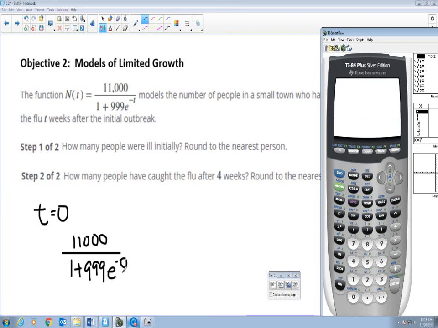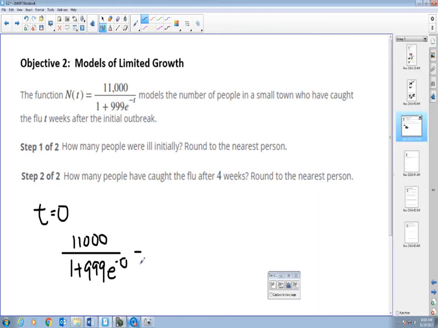I'm going to do e to the 0 power. e to the 0 power is 1. 1 times 999 is, excuse me, it's 999. 999 plus 1. That plus 1 is 1,000. So if I take 11,000 divided by 1,000, okay, initially, how many people were ill? 11 people were sick.